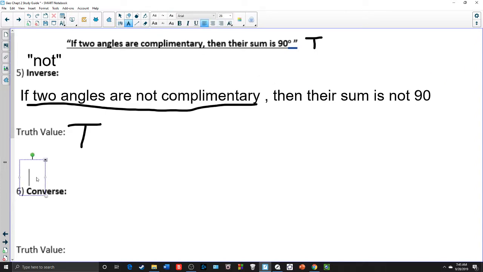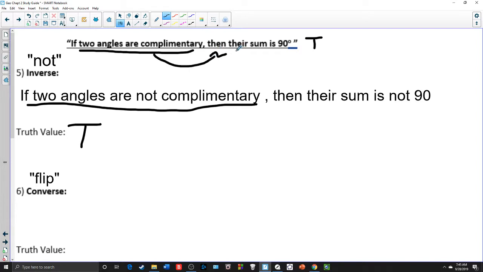So the converse is the flip form of the statement. In this case, you're going to flip the if with the then. So this part is going to flip over here, and this part is going to flip over there. Usually we call these the P and the Q. So instead of going P to Q, we're going to go Q to P when we write our statement.